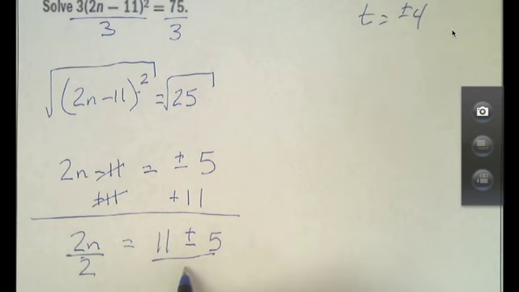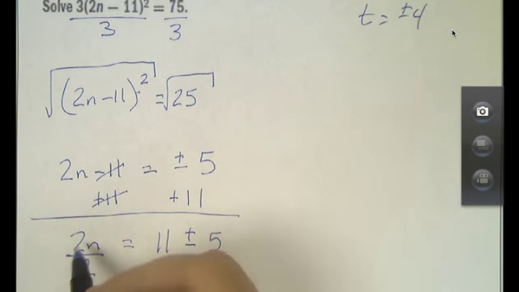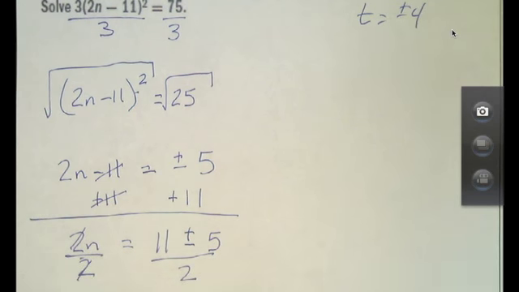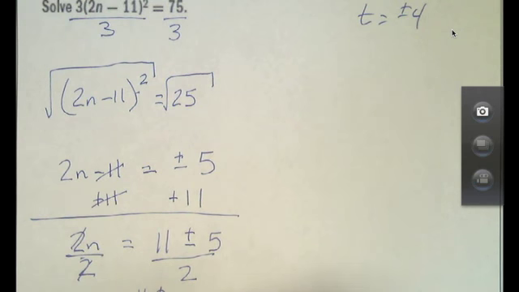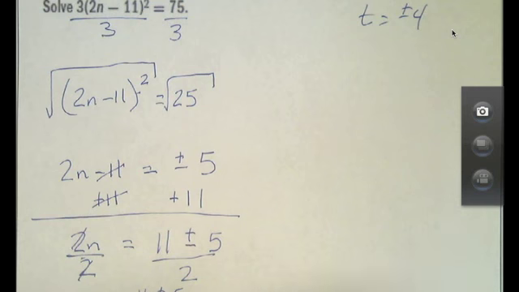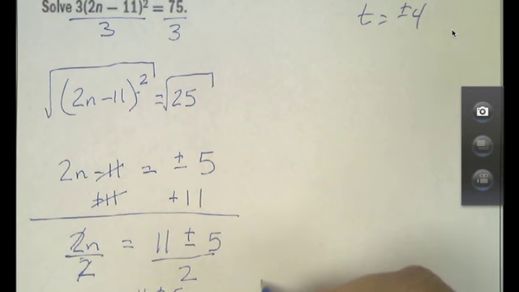To solve for n, I got to divide by 2. So when I divide by 2, my 2's divide out, leaves me with n is equal to 11 plus or minus 5 divided by 2.